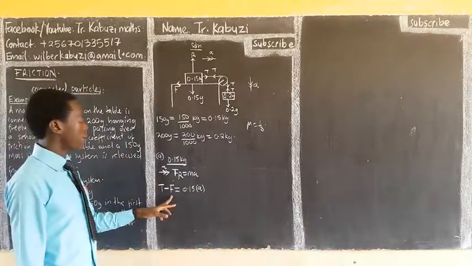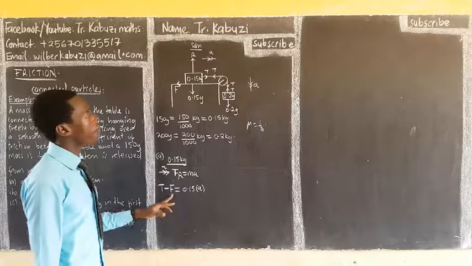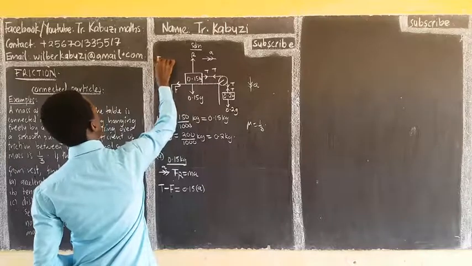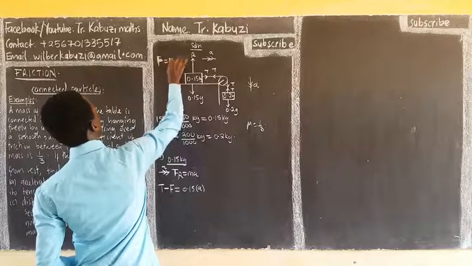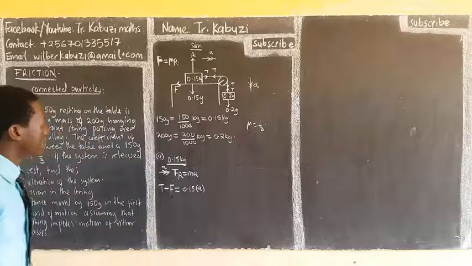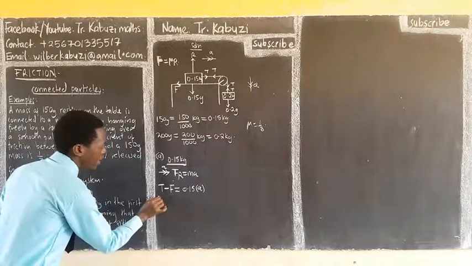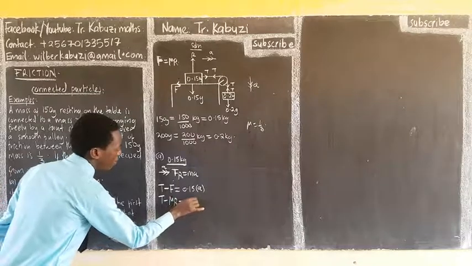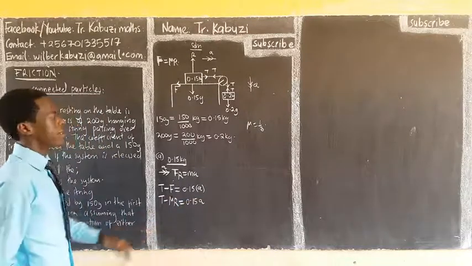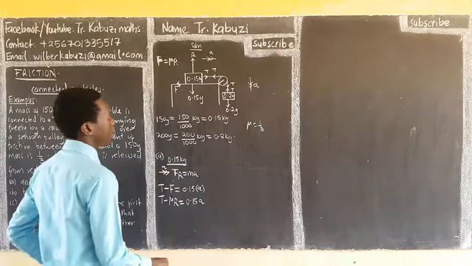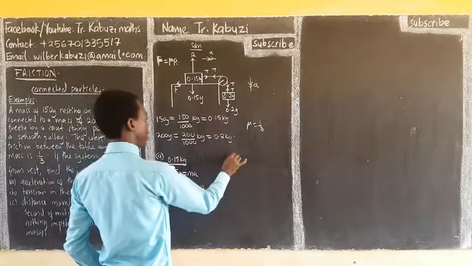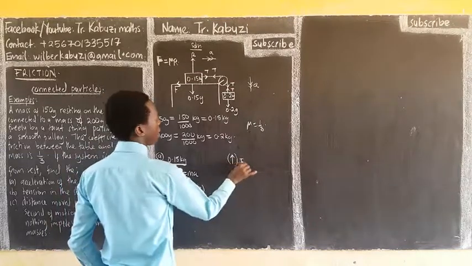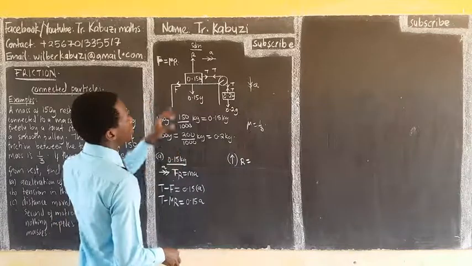Of course, we know that our friction F is the same as mu R. So putting it here, I have T minus mu R equals 0.15a. But I know what R is: if we resolve vertically to the plane, my R is going to equal just this.